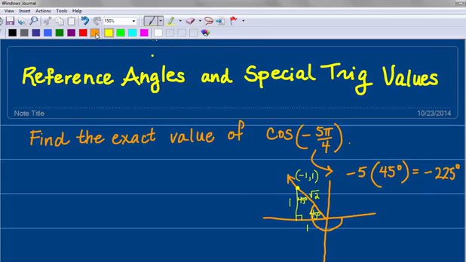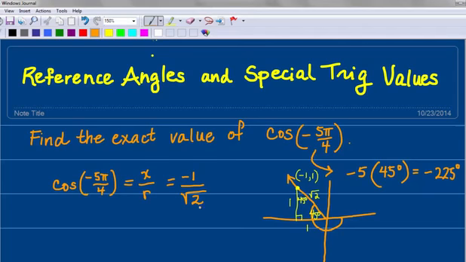From here, I can go ahead and evaluate the cosine of -5 pi over 4, as recall that the cosine value is always x over r, which in this case is just -1 divided by the square root of 2.